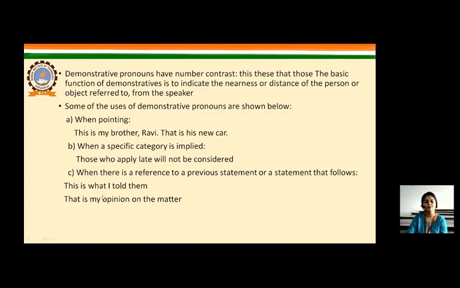So you are referring to that particular statement that was made by you, or this is my opinion. So your opinion is now based on some situation that happened. If this situation changes, then this opinion might also not follow. So you are telling this is my opinion on the matter. Now this matter will be something specific, in relation to something that was already told previously.